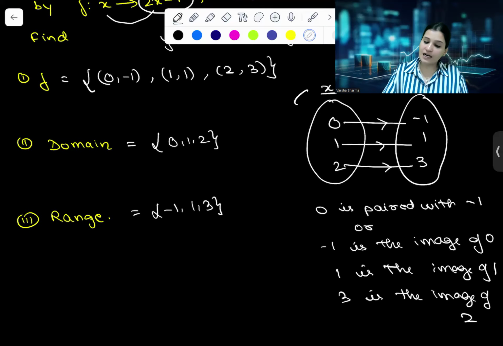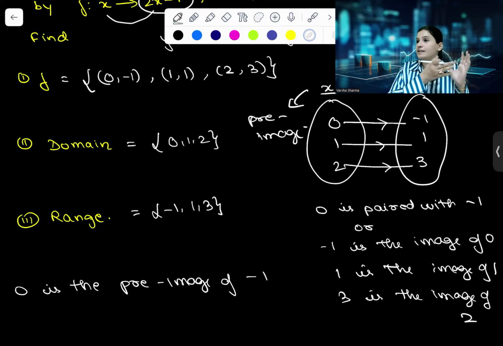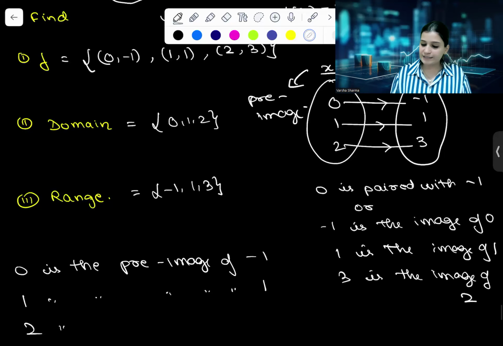The values of x are known as pre-image. So I can say that 0 is the pre-image of minus 1, the before element. 1 is the pre-image of 1. 2 is the pre-image of 3. Right?